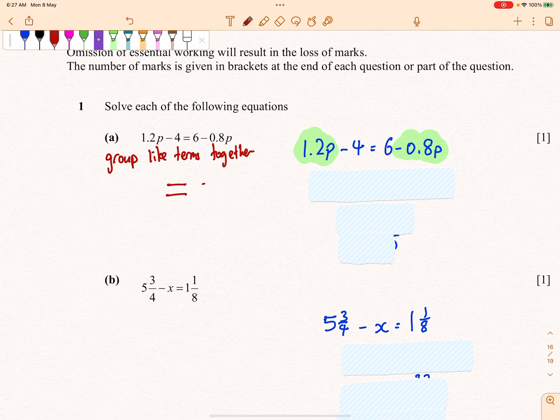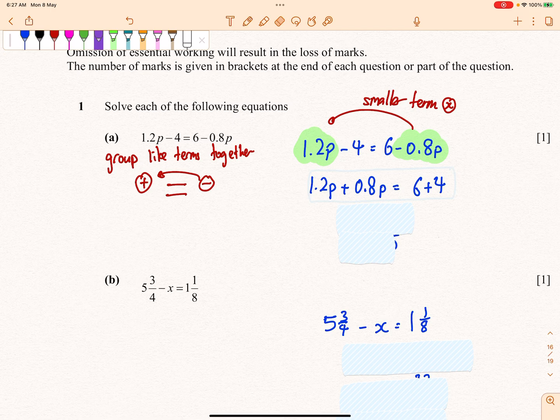Now, I go by the idea again to move over the smaller x term. If I move negative 0.8 over, it will be plus, and to move the negative 4 over, it will be plus as well.